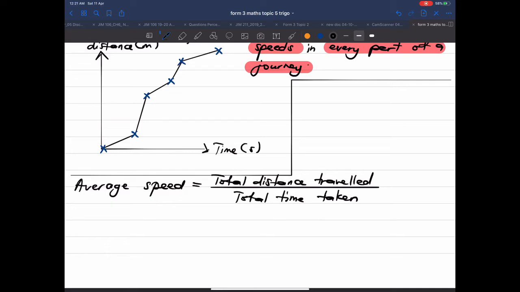Okay, I'll go through one example, just one example. I'll write the example over here. Okay, I'll write a bit small. Encik Ali drives 75 km from Penang to Ipoh.